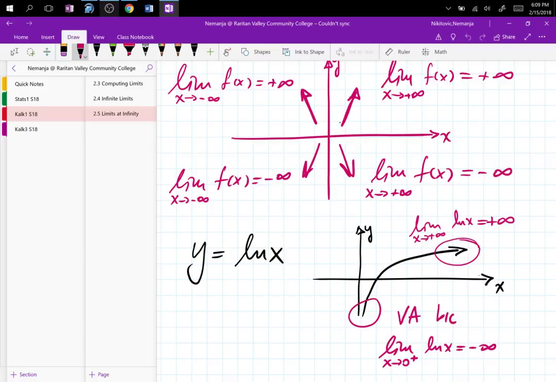So what are the functions that exhibit this behavior? Well, clearly all polynomials. Pick x to the 17 minus 3x plus 5. Great. That's going to be one of them. And then you've seen it on ln x. You can also do this for e to the x, right? So square root of x.